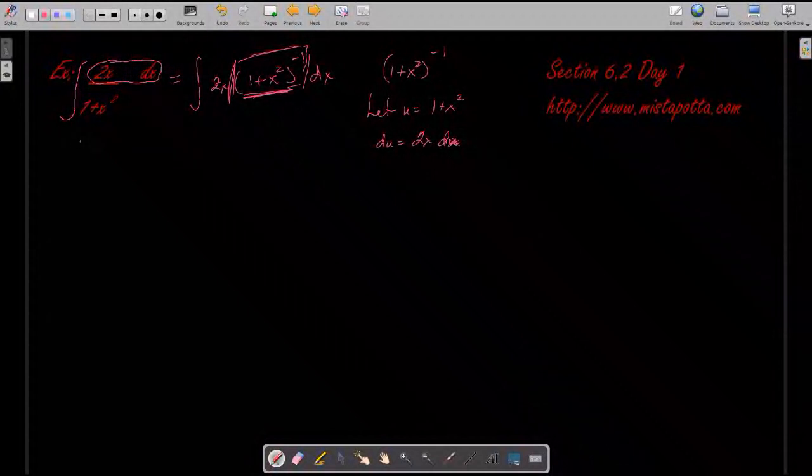So what I've really got is the integral of 1 over u times du. Now, you may not see that if you leave this as the integral of u to the negative 1 du. You might be inclined to use power rule.